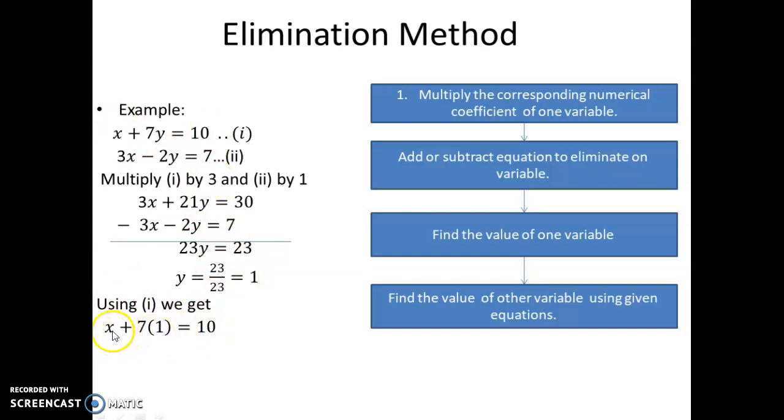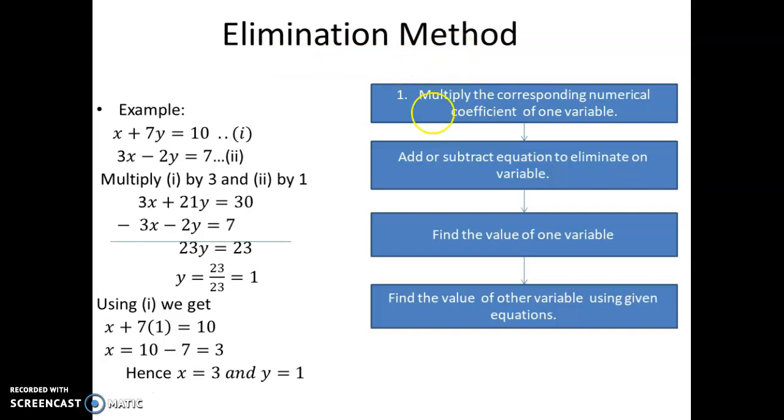Now the equation becomes x plus 7 is equal to 10, and I shift this plus 7 from left hand side to right hand side. As we know, if we shift any number from left to right or right to left, its operation becomes inverse, so it becomes minus 7. So x is equal to 10 minus 7, which is 3. Hence x is equal to 3 and y is equal to 1. This is the method known as the elimination method.